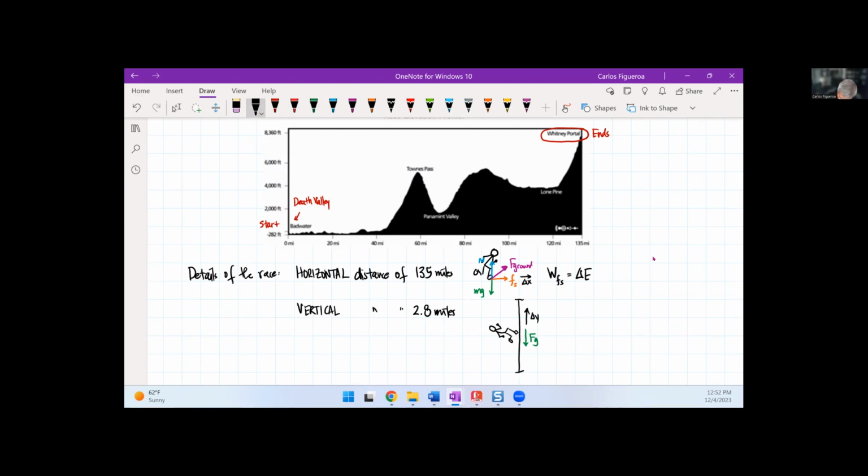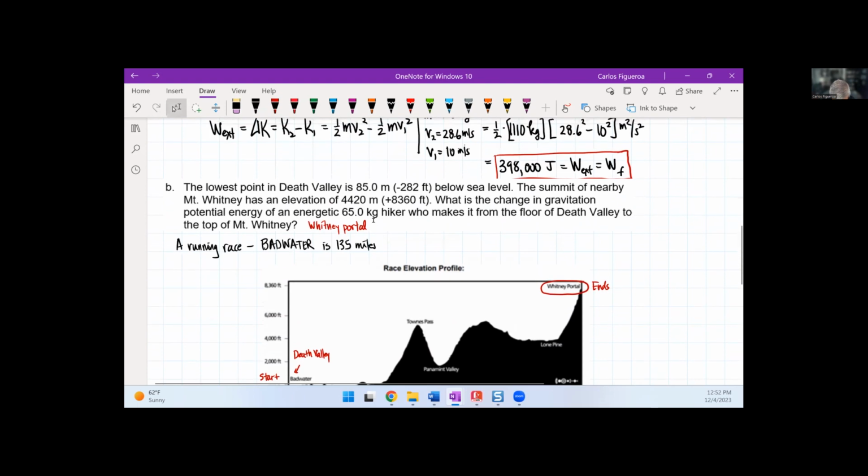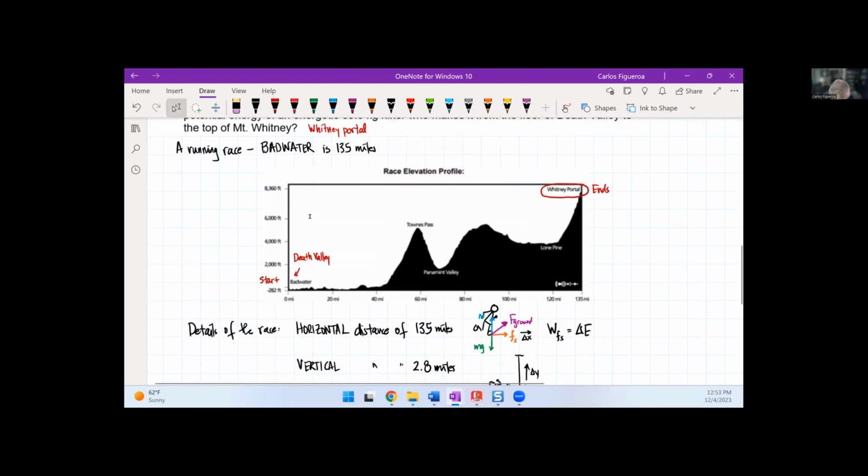So it's the work of gravity that we really want to imagine, because the question reads, as we said here, what is the change in gravitational potential? Gravitational potential is the stored work of gravity, which we then call potential energy.